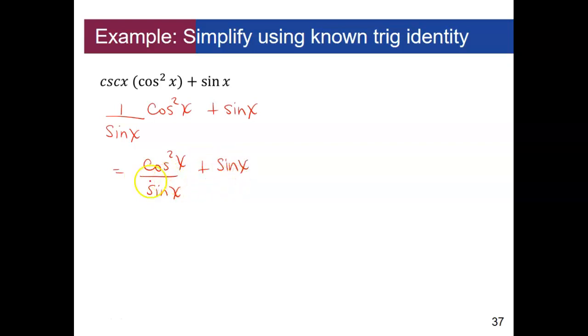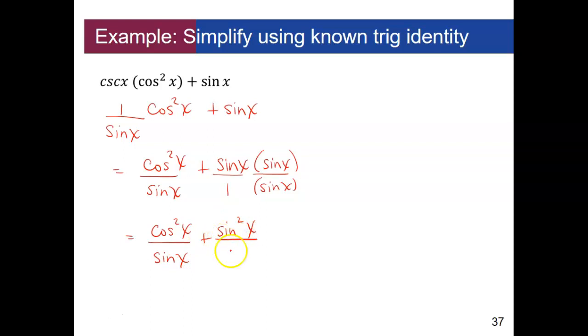So we need to get a common denominator here. My common denominator is going to be sine. So that means that the numerator and denominator here is going to need to be multiplied by sine. Okay, that's going to allow us to combine these together. So hopefully you're starting to see where this one's heading.